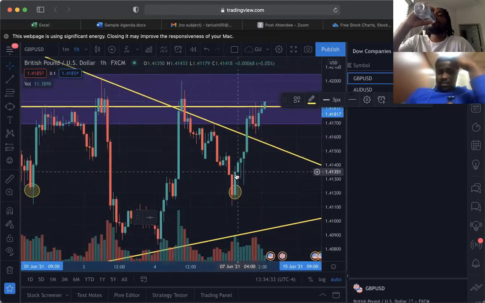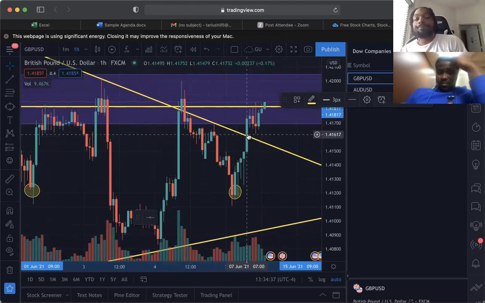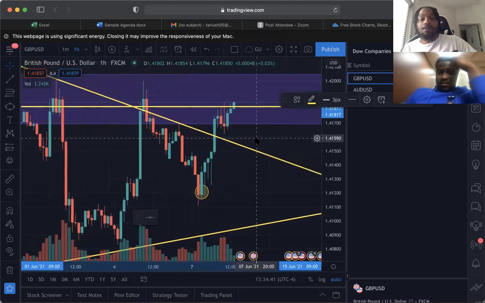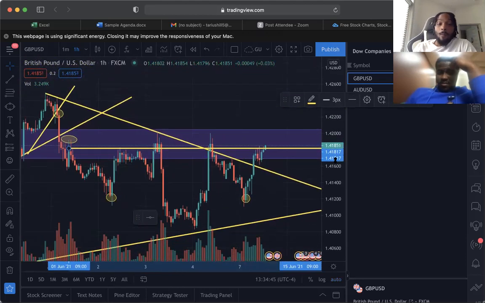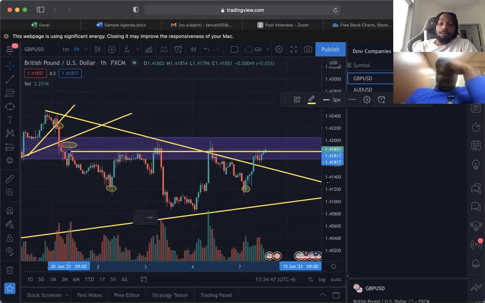But I mean, that was a break right here, breaking the trend line. Yeah, retest. So it could be going. It's a little bullish to me. Let me see this other one.